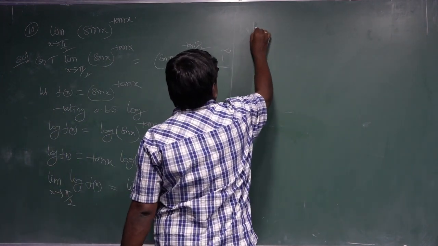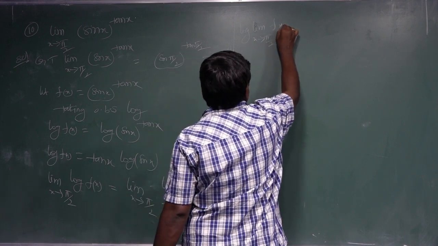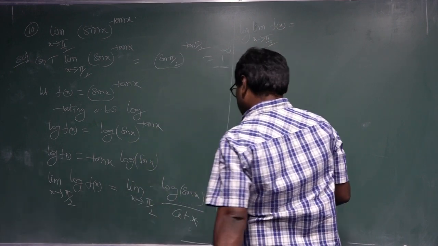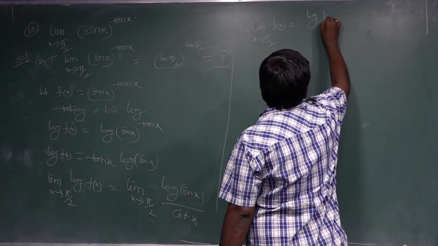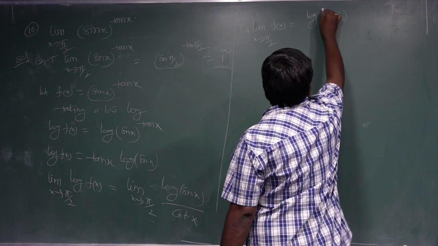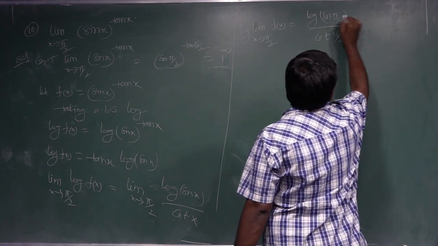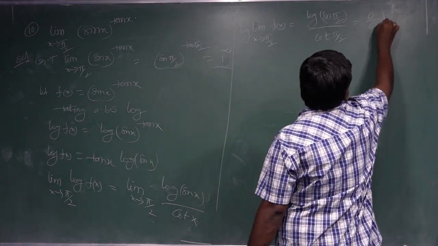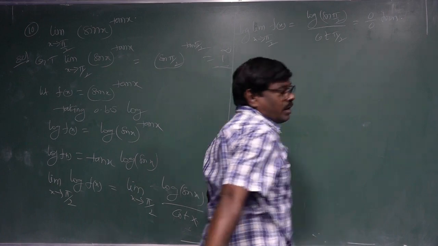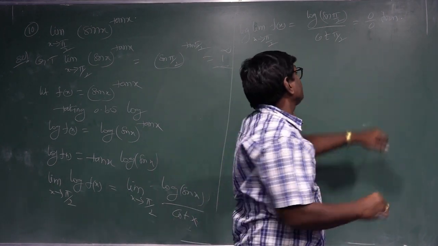Log of limit as x tends to pi by 2 of f of x equal to limit of log of sin pi by 2 by cot pi by 2, which is log of 1, 0, by cot pi by 2, value 0. This is an indeterminate form 0 by 0. For this indeterminate form use L'Hospital's rule.